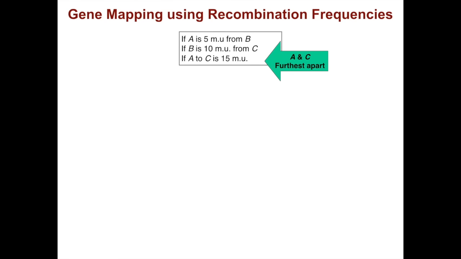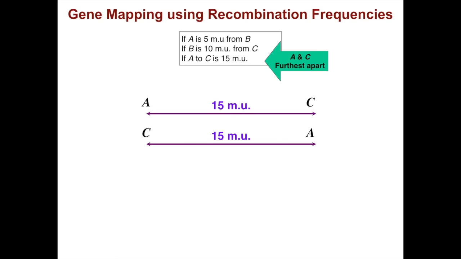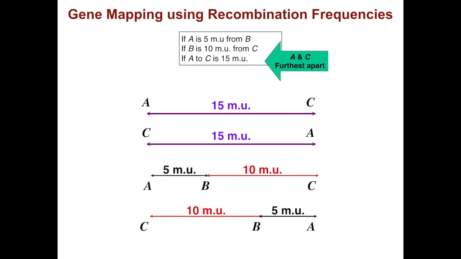So you can construct this basic map. A and C are 15 map units apart in one direction, so the order here of the genes is not clear. But using the information from B, we know that B must be between A and C, but it could be in either this orientation or that orientation.